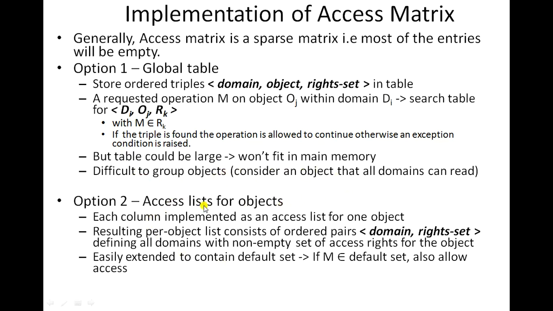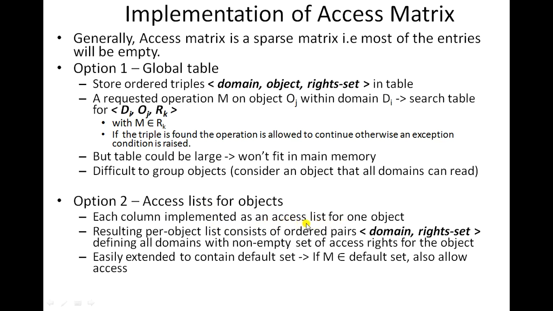Now let us move on to the second option for implementation of the access matrix, that is, with the help of access lists for objects. In this implementation, each column of the access matrix is implemented as an access list for one object. For every object we maintain an access list, which is basically a linked list.